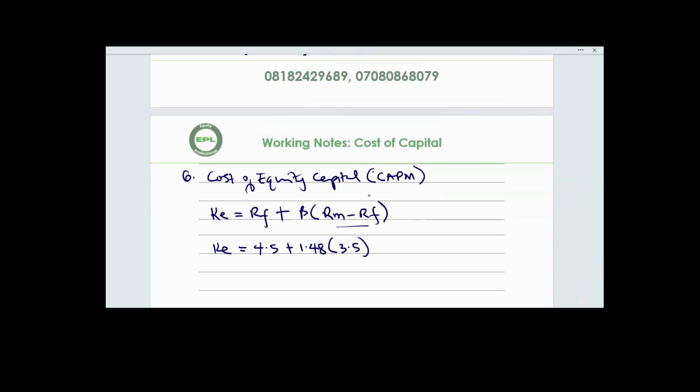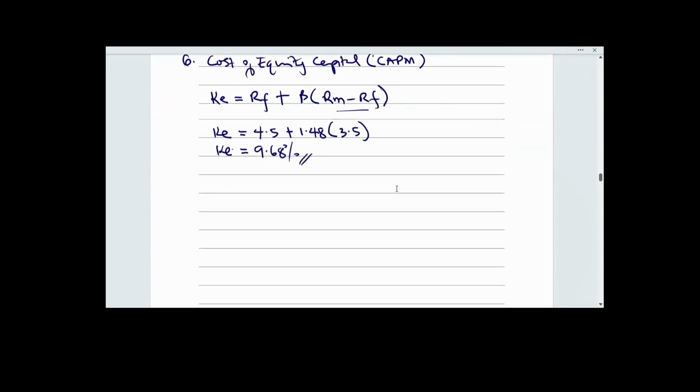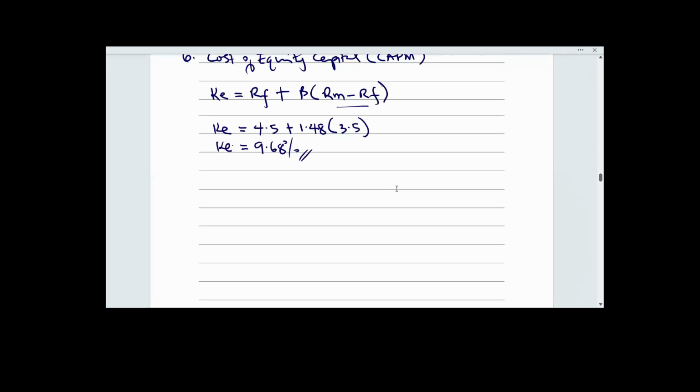So final answer, 3.5 multiplied by 1.48, then plus 4.5. That's 9.68. All right. So cost of equity is 9.68%.